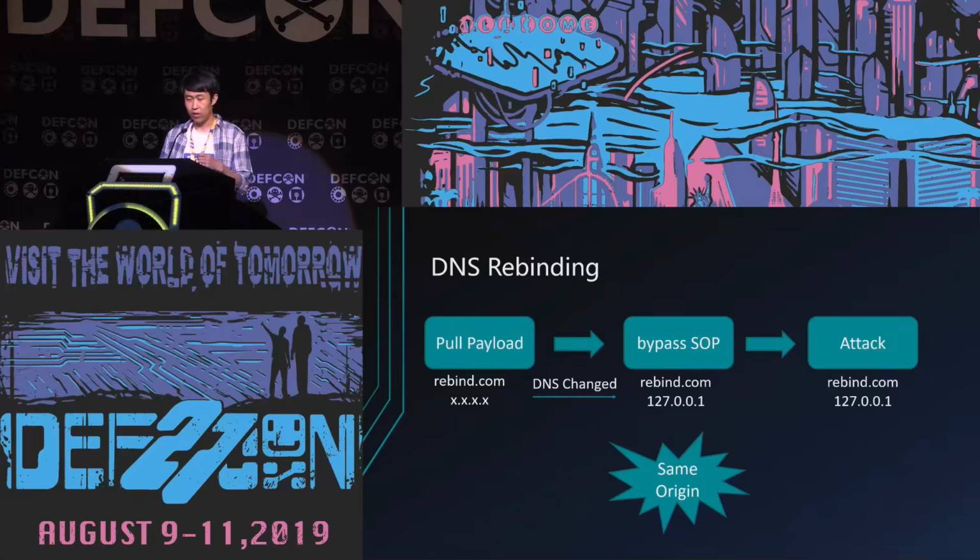In the browser, you just wait a few minutes, and then you request rebind.com again, and this domain will resolve to the target IP, such as localhost. The port, the protocol, and the host are not changed in this process, so the browser believes they are in the same origin. So we can attack it and bypass the SOP.